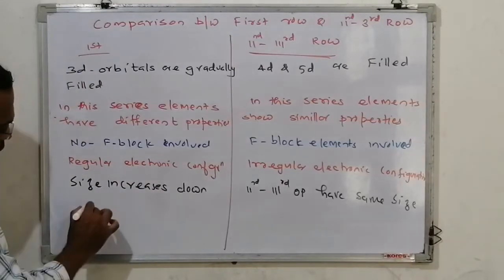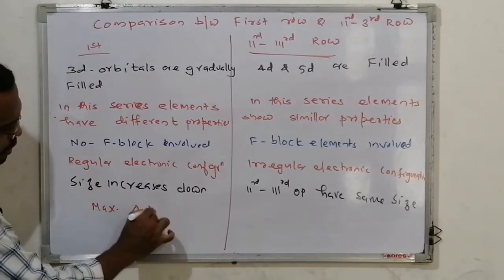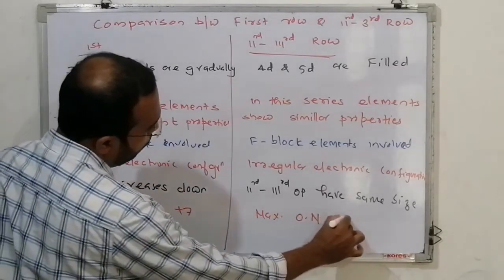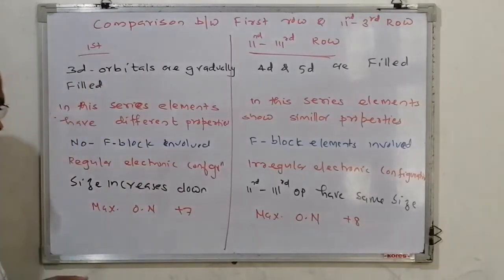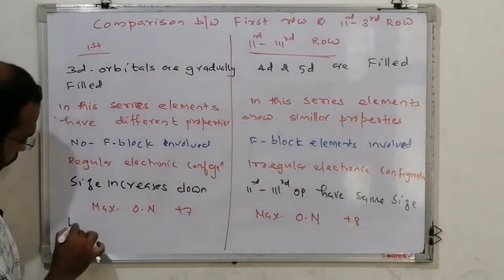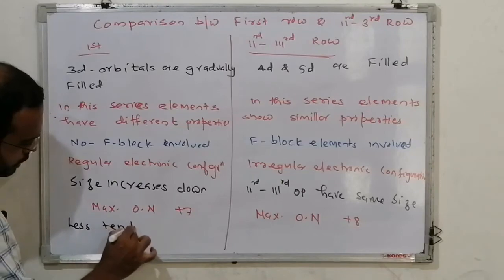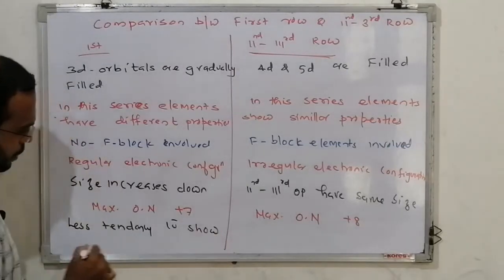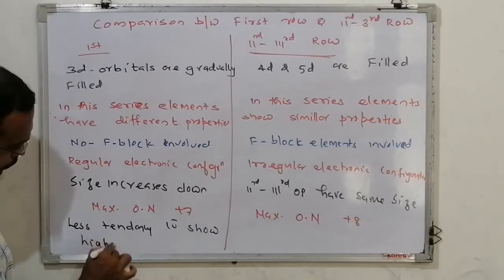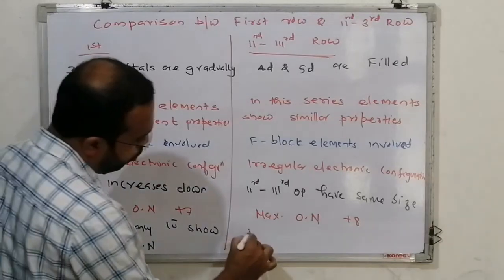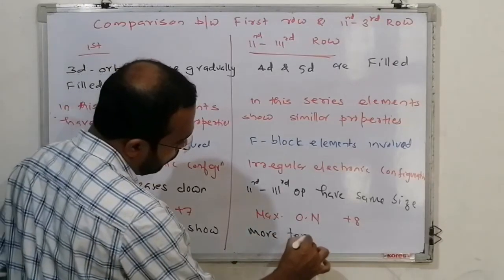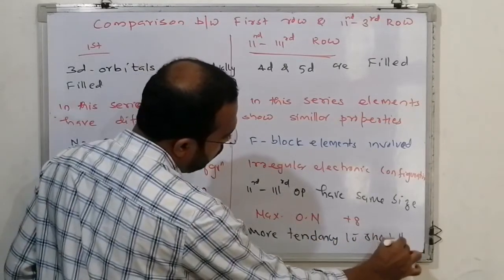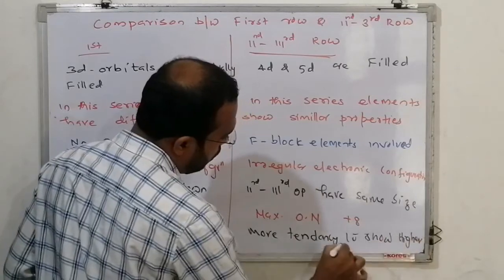Here the maximum oxidation number is +7. Here the maximum oxidation number is +8. Less tendency to show higher oxidation number, but here more tendency to show higher oxidation number.